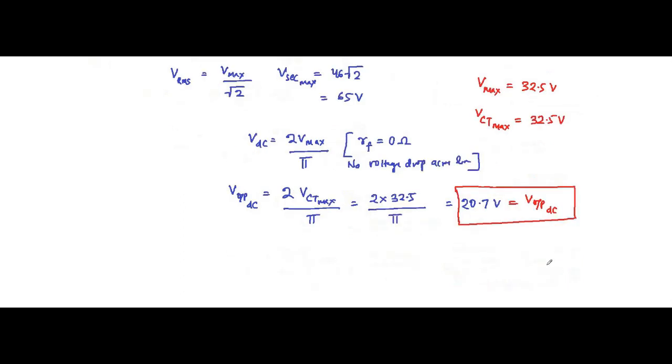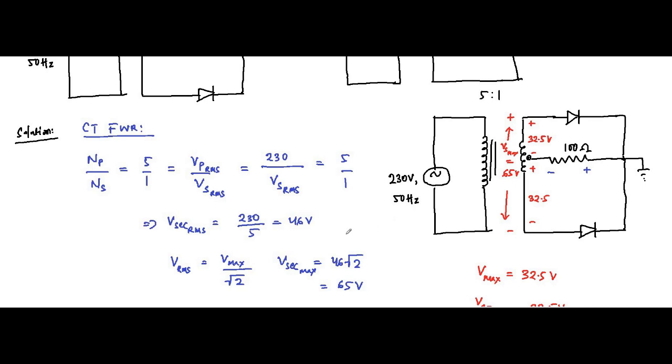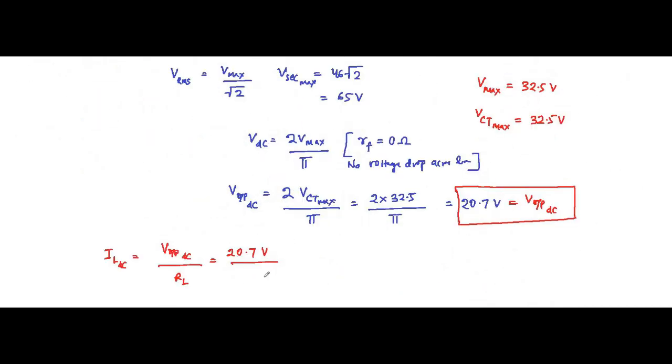Now if you want to determine the DC current, or the load current, the same thing. The load current, ILDC, is equal to V output DC by RL, which is equal to 20.7 volt by RL, which is equal to how much? 100 ohm, I think. 100 ohm, yes.